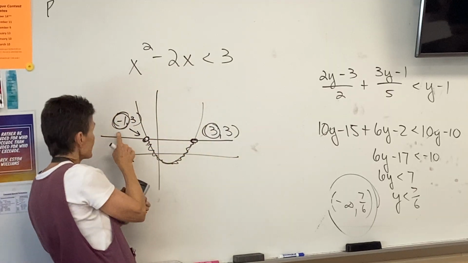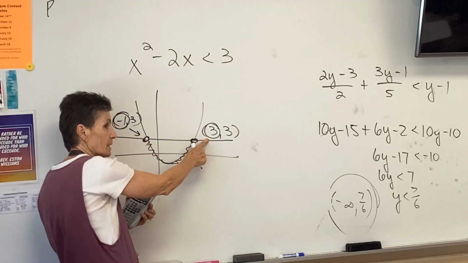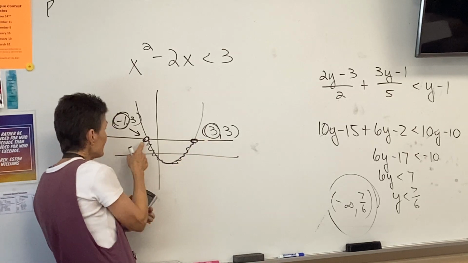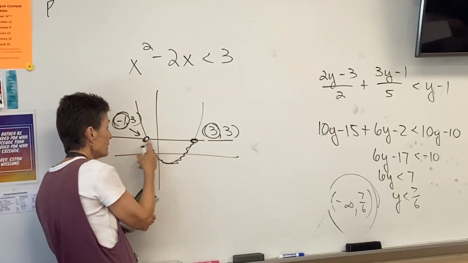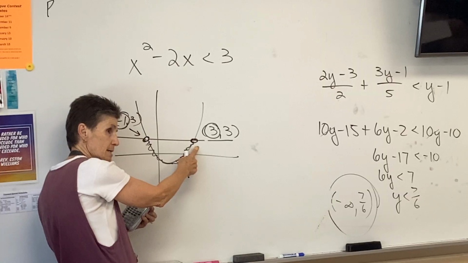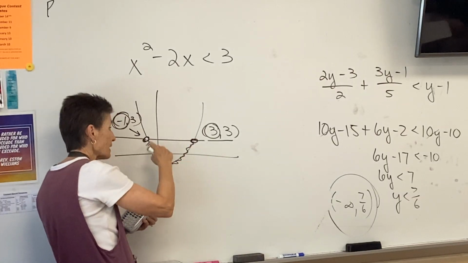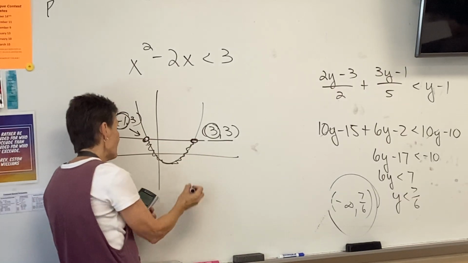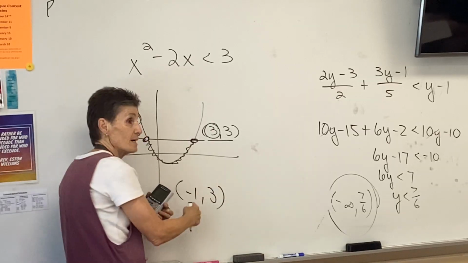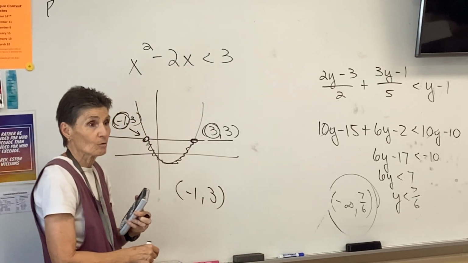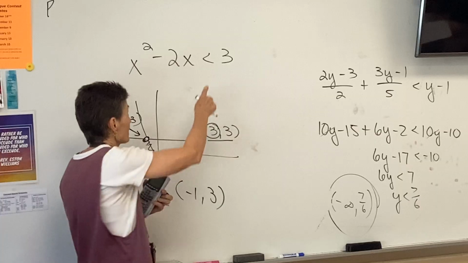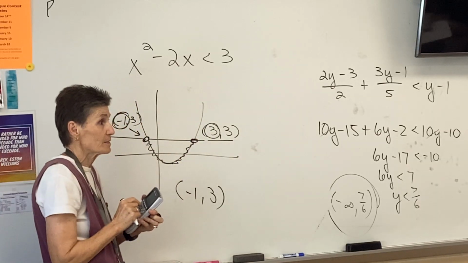So we're interested in the x coordinates. So if this x is negative 1, and this x is 3, and I want all the x's in between, then my answer will be this. Right, that interval. Open dots, because of that.